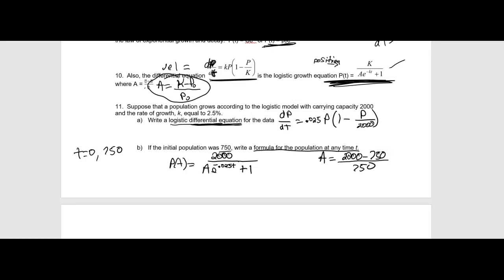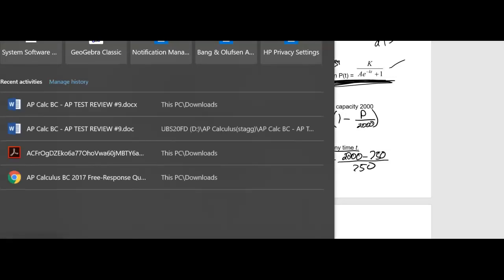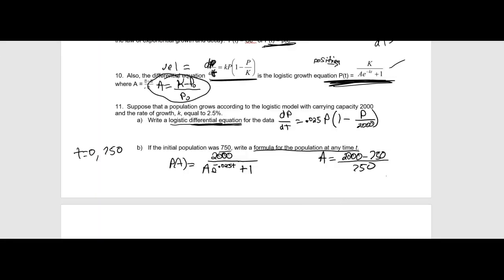Whatever that evaluates to be is going to be our A. Divide by 750. Yeah, and that's 5/3. So my population at any time would be the 2,000, and then 5/3 e to a negative 0.025 t plus a 1. That's a 3 right here. Okay.